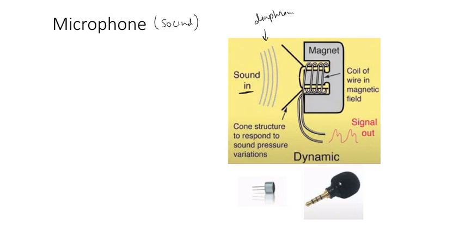If you speak, your diaphragm will go back and forth and it will move this coil. Whatever the movement, that coil will convert that sound signal or vibration to an electrical signal. This is how you convert a sound signal to voltage, and whatever the signal, you can get it here.